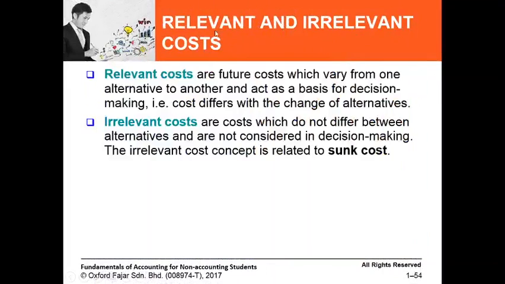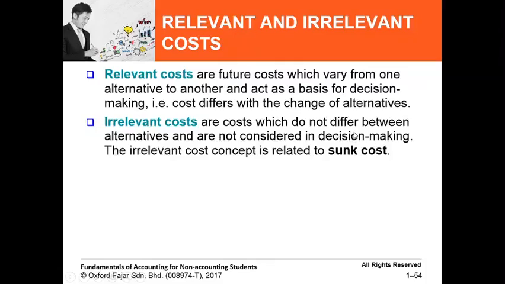Okay, the last one would be the relevant and irrelevant costs. Relevant costs are any future costs which could vary from one alternative to another and act as a basis for decision making. Therefore the cost differs with the change of alternative. Irrelevant costs are costs which do not differ between alternatives and are not considered in decision making.